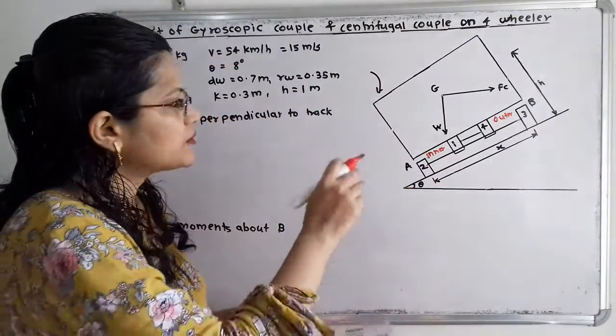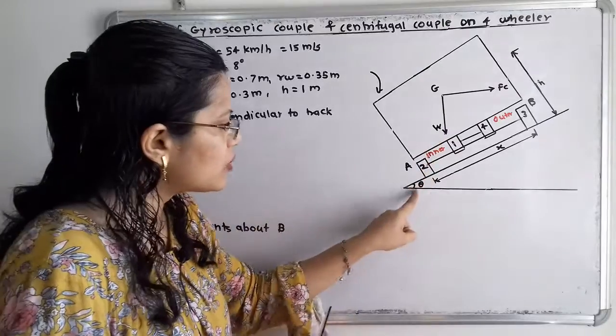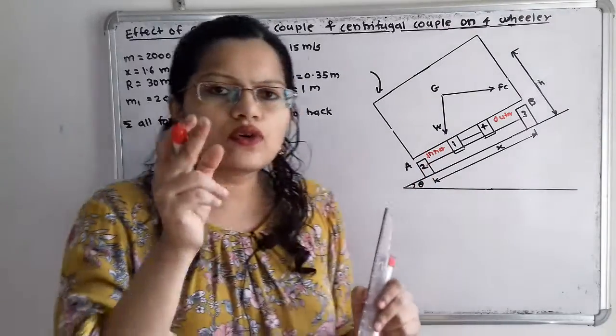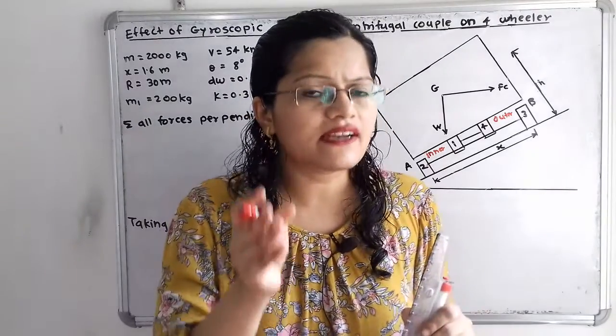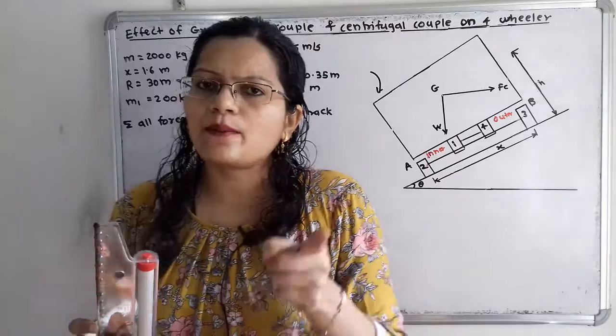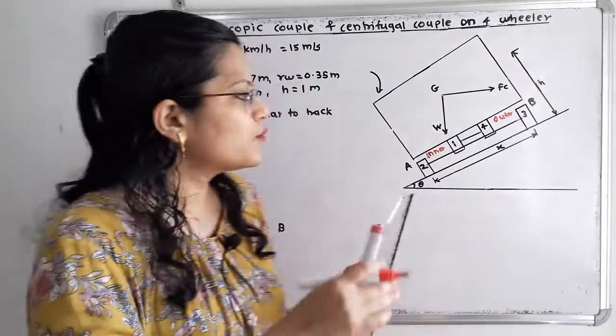If we observe, for the weight W, this is the line perpendicular to this horizontal line. Now we have to take two components in such a way that one component is parallel to this track and the other component is perpendicular to the track.